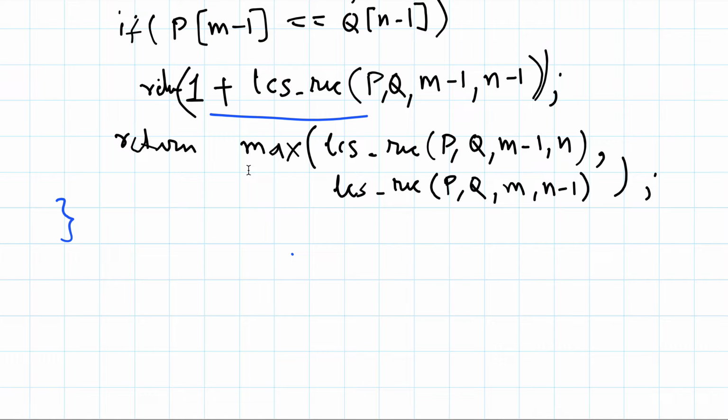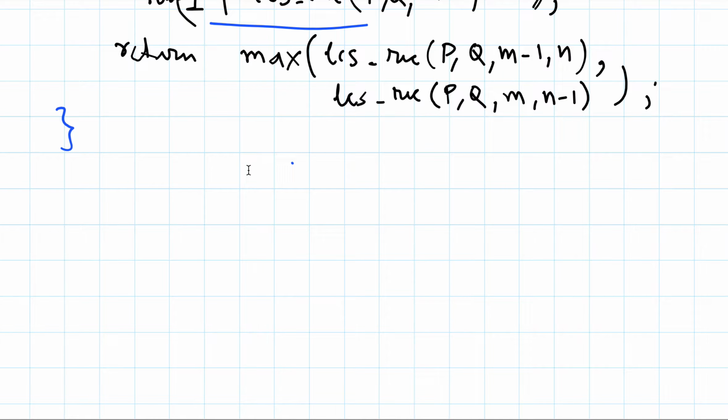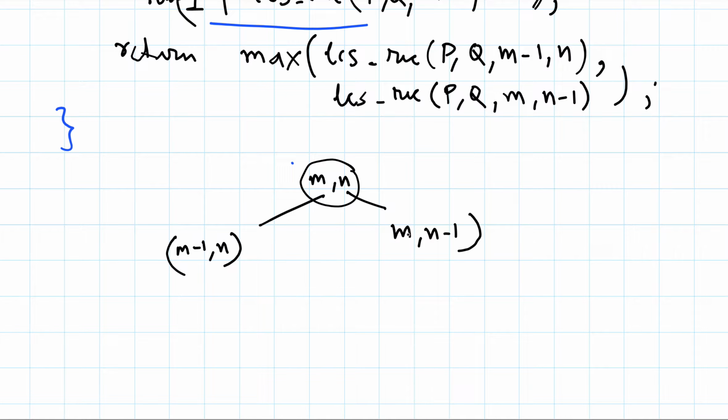So now we can draw the recursion tree using this simple recursive approach. So we want to find for an m, n length string. So we will need these two values if they are not equal; if they are equal, we will need m minus 1, n minus 1.